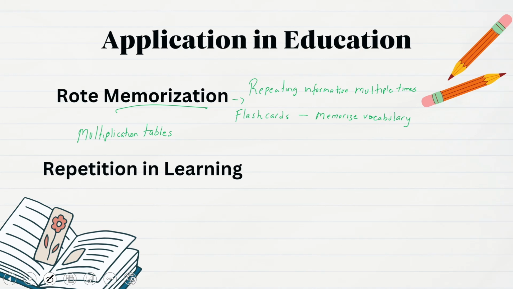And therefore, over time, the association becomes so strong that, for example, if you are asked what is 3 into 4, without giving it a thought, you know that the answer is 12. So this connection is so strong that immediately you are able to recall the answer without any conscious effort.